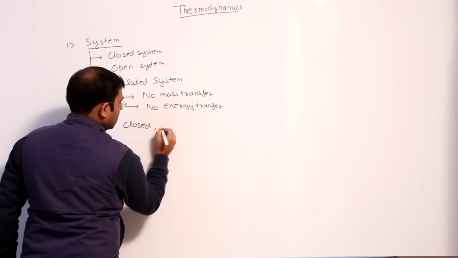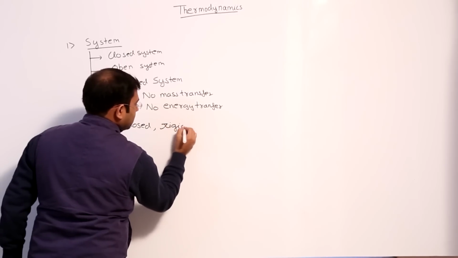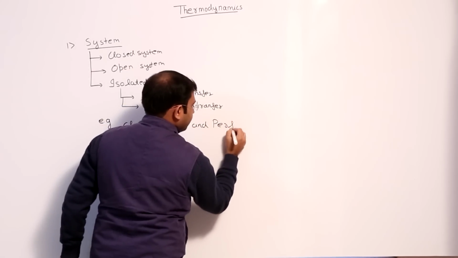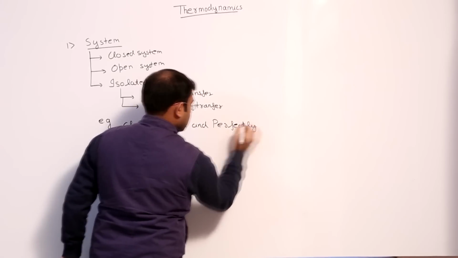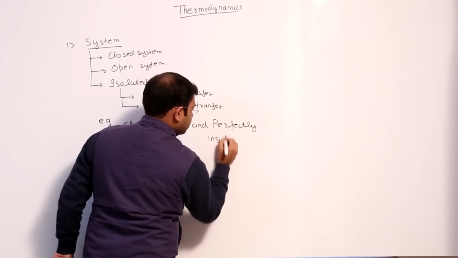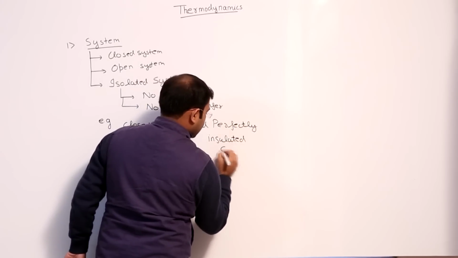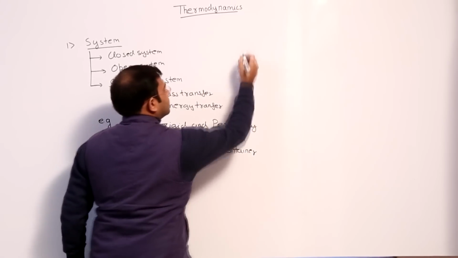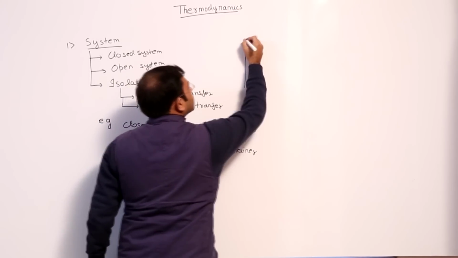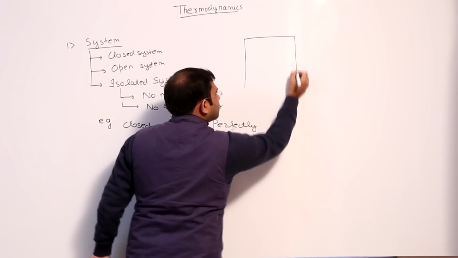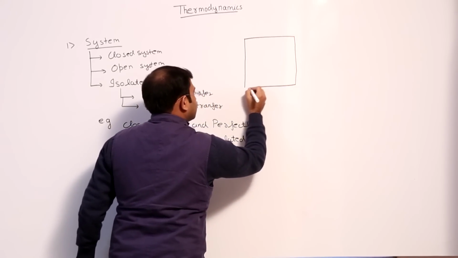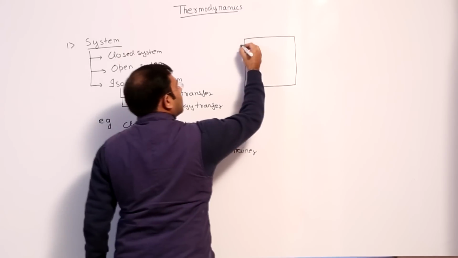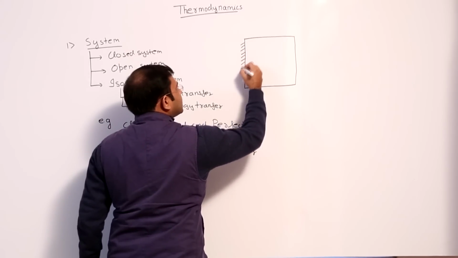Now see, example: closed, rigid and perfectly insulated container. This is a closed container and its boundaries are rigid.